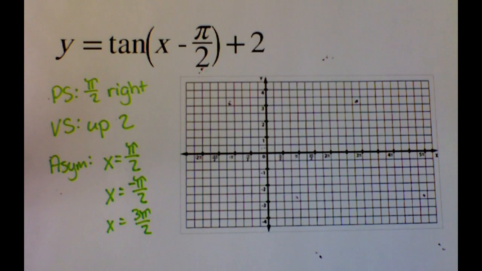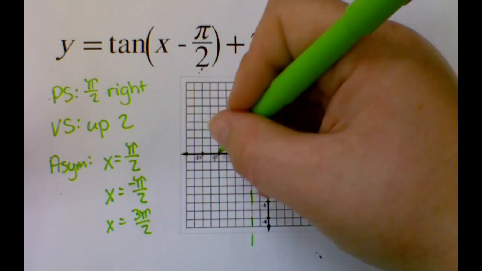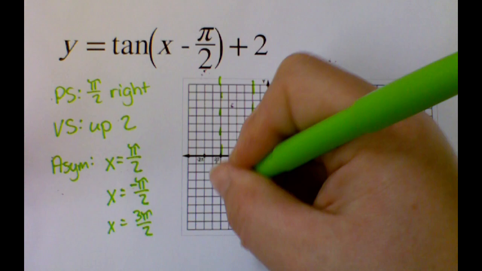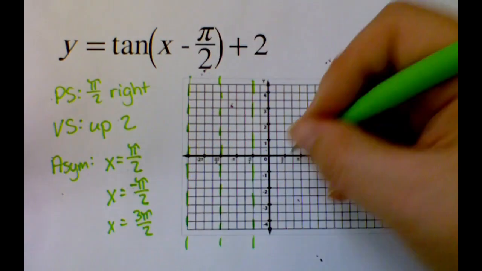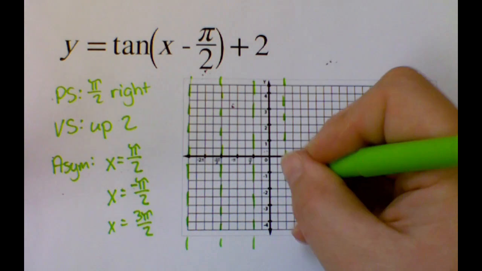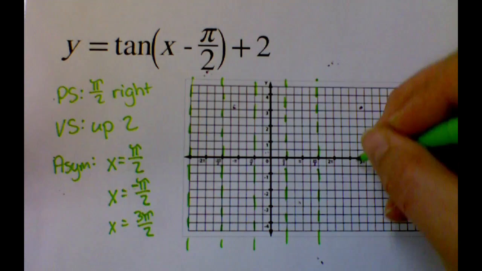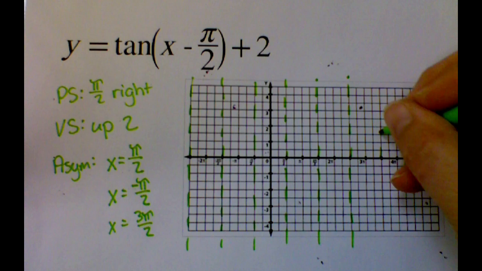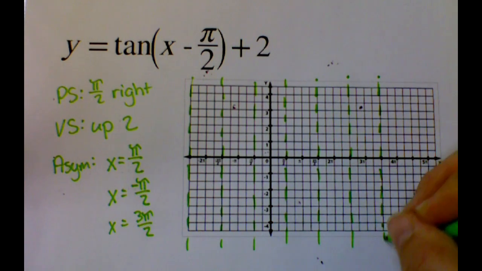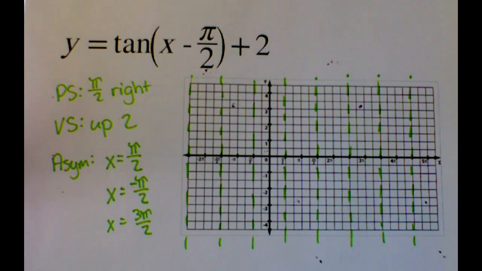So let's put in our asymptotes first. Negative pi over 2. And every pi after that, so negative 3 pi over 2, negative 5 pi over 2, positive pi over 2, positive 3 pi over 2, positive 5 pi over 2, positive 7 pi over 2, 9 pi over 2, on and on.